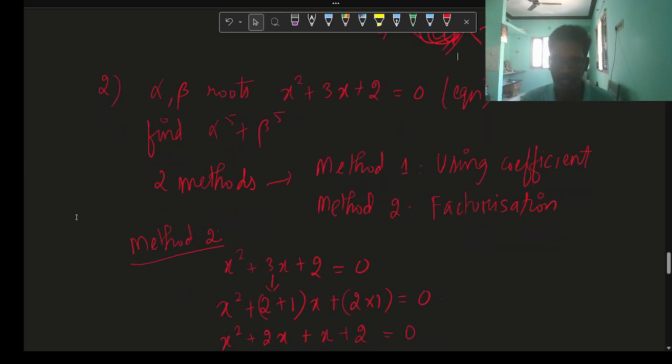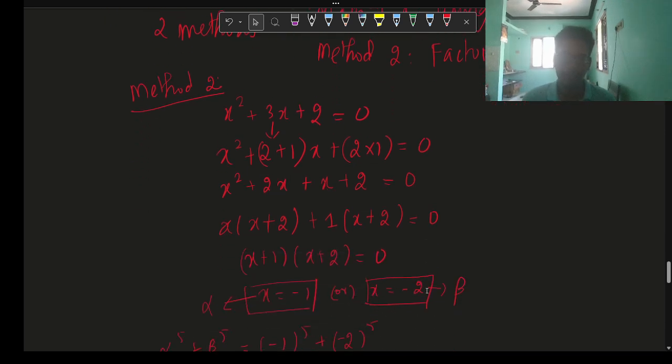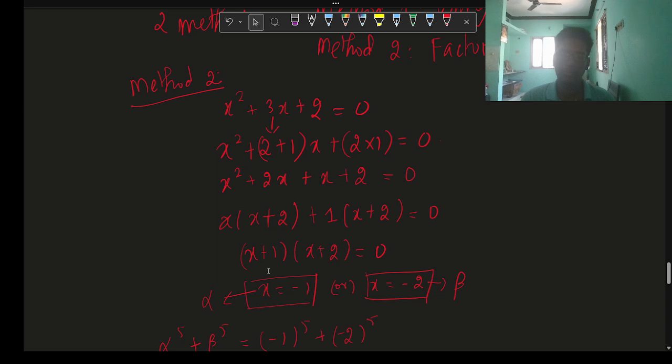So method 2: x square plus 3x plus 2 is equal to 0. I have to get sum as 3 and product as 2, which means x square plus 2x plus x plus 2 is equal to 0, which gives x plus 1 times x plus 2, and then x is equal to minus 1 or x is equal to minus 2.